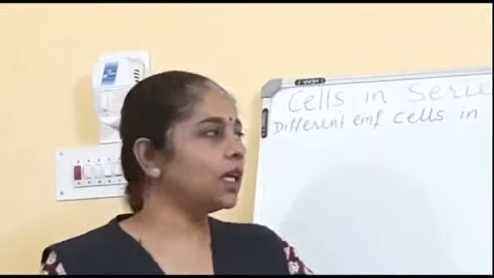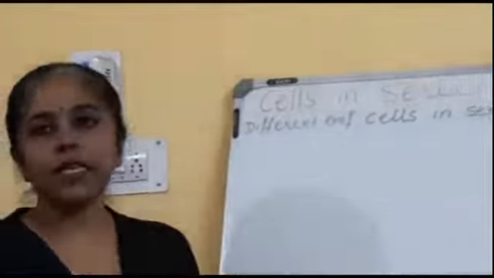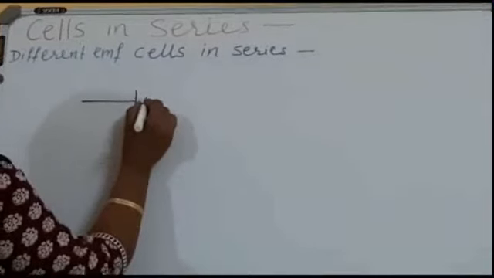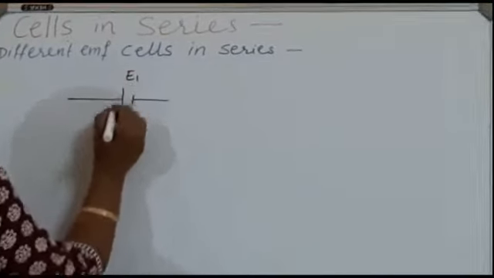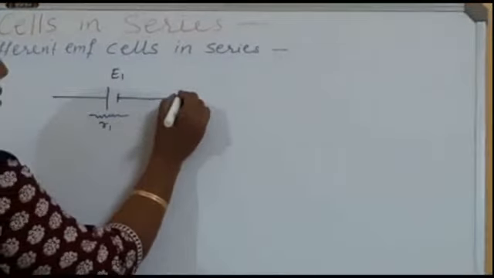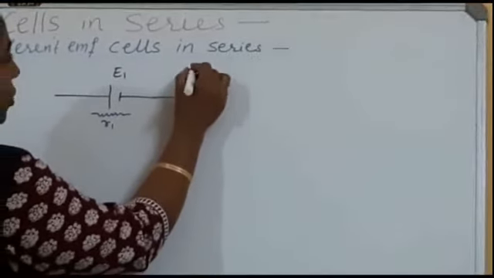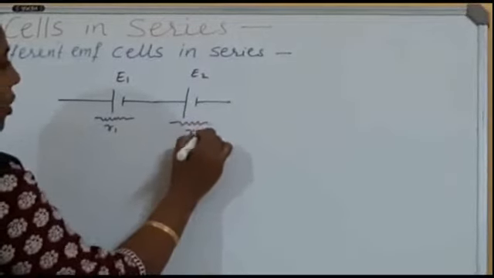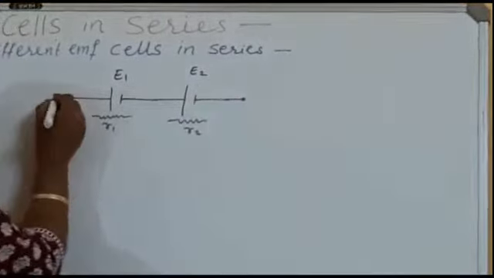Now we will see the different EMF cells in series. So we will take here the example of two cells. First cell of EMF E1, its internal resistance is r1. It is connected in series with E2 EMF cell and internal resistance r2. Now we will label these points.